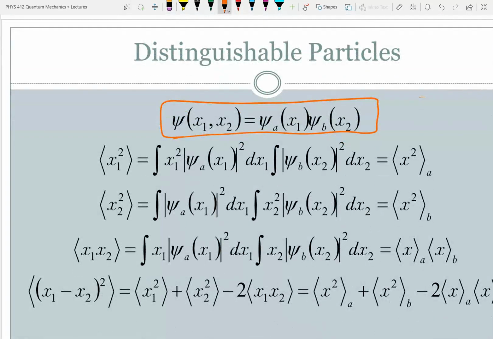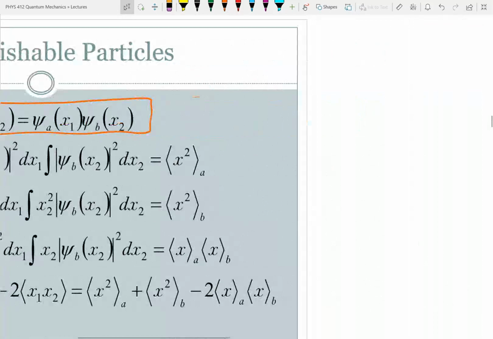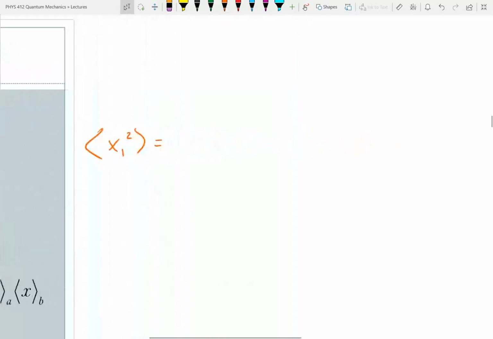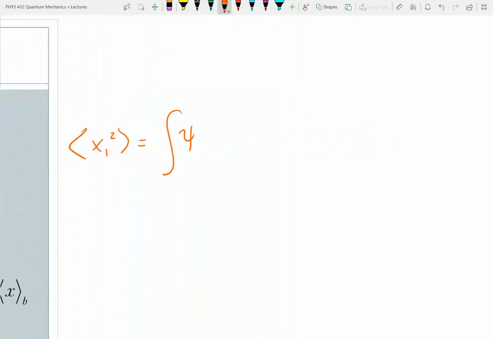Then if I do the position squared for the first particle, remember, just by definition, I have that where psi is a function of both x1 and x2.